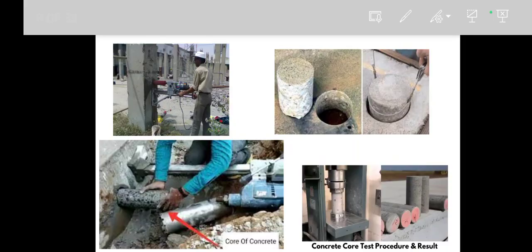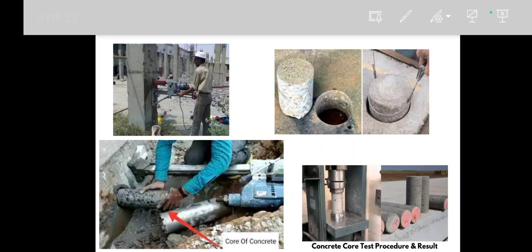In that case, what they generally do is extract a core from that beam element, trim the top and bottom to make it smooth, place it in the compression testing machine, and find out its strength. But this causes some destruction to the structural member, so this is called partially destructive testing.